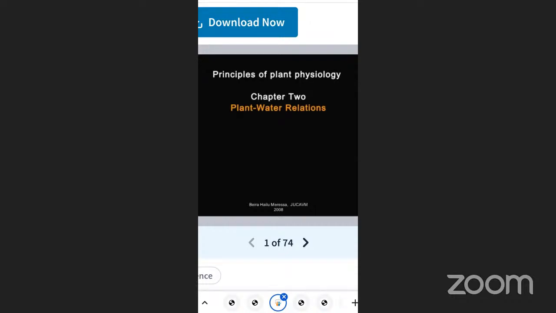The ninth is plant growth, where we discussed growth regulatory hormones and dormancy.